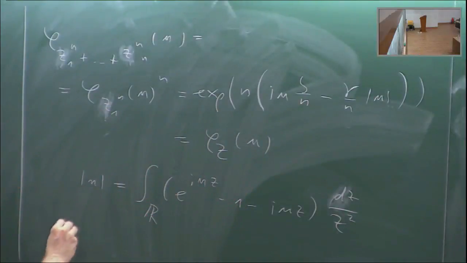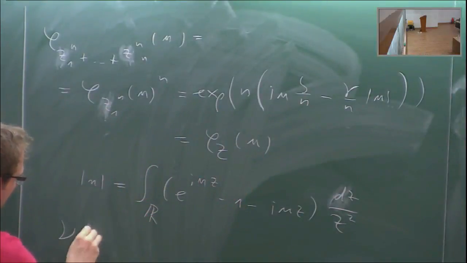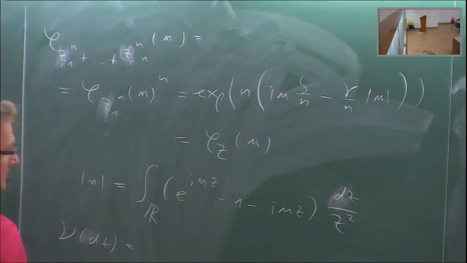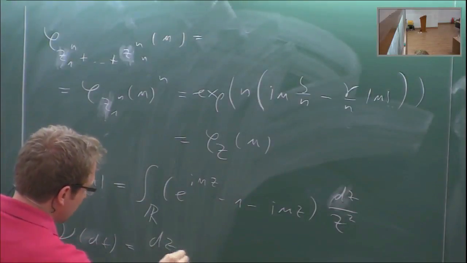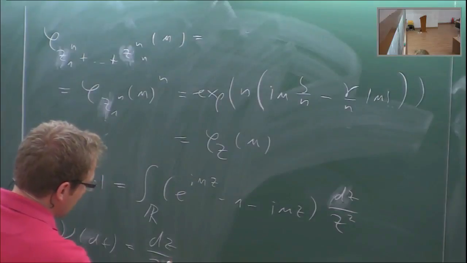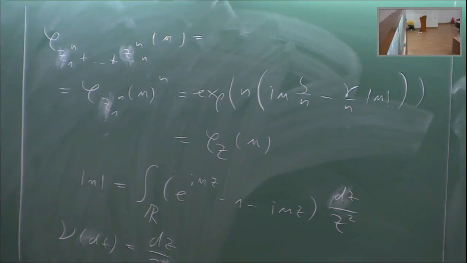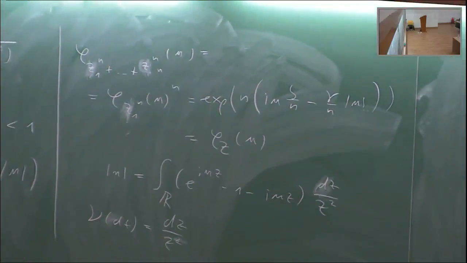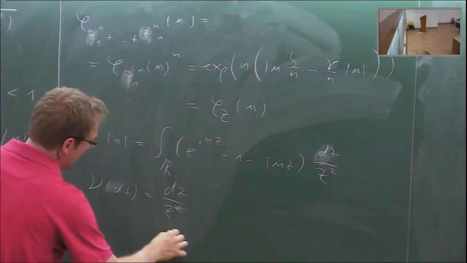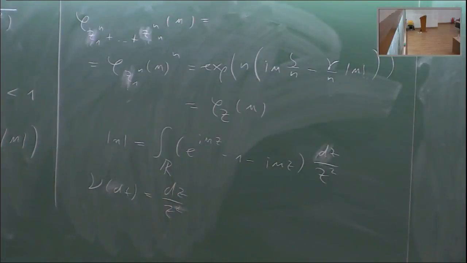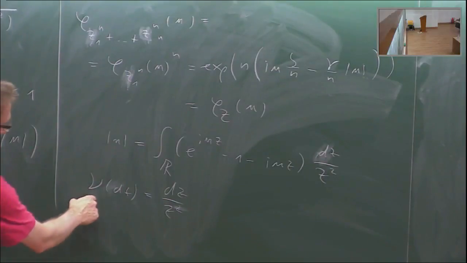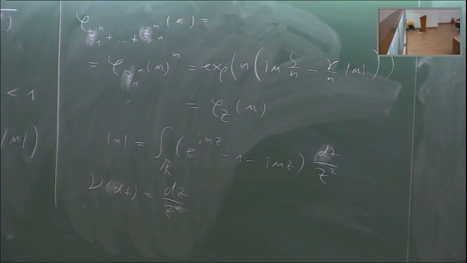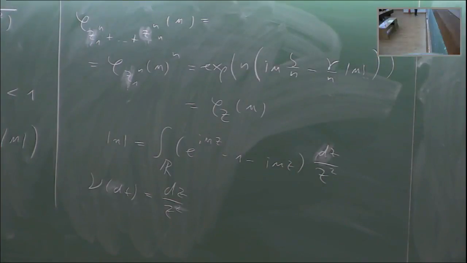So in this case, nu d zeta is nothing but d zeta divided by zeta squared. So it's a very special case. So we have some power law here, the nus. The measure nu is something which is decaying very slowly, and it's a non-trivial measure.